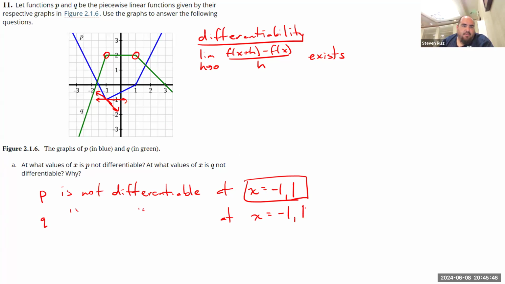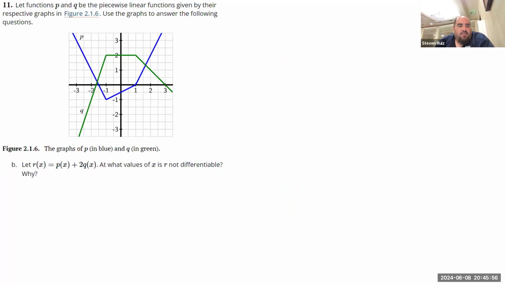Okay, just going to double check, but it looks like they're not differentiable at exactly two points, and they share those two x values, both -1 and 1. All right, so what about part B? Now we have this new function R that we're making out of a combination of P and Q. So where is R going to fail to be differentiable?